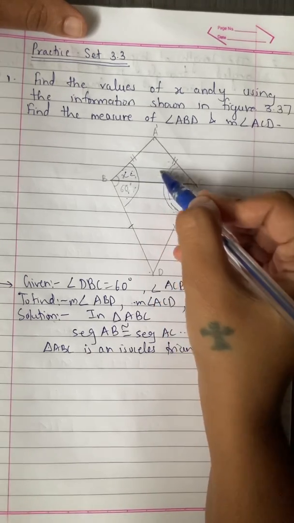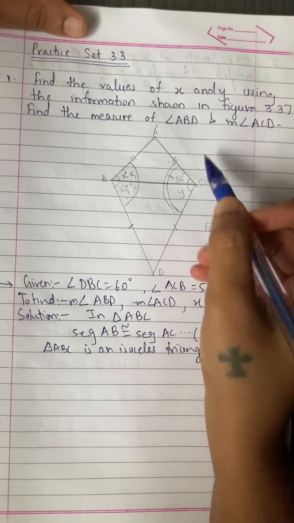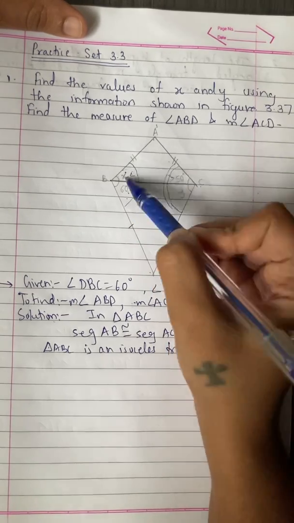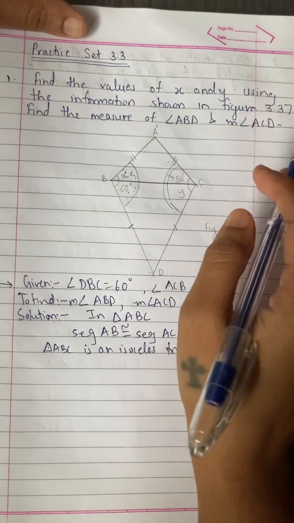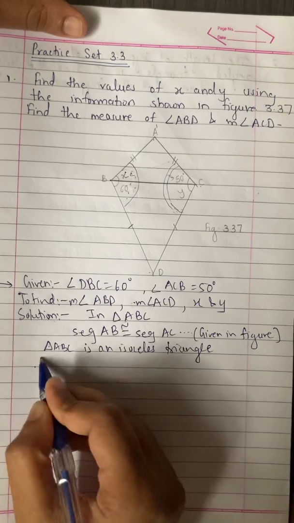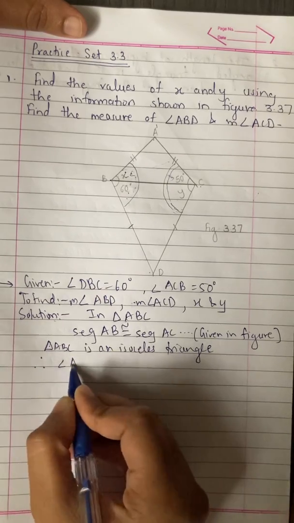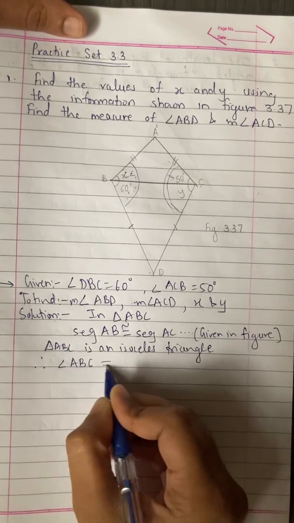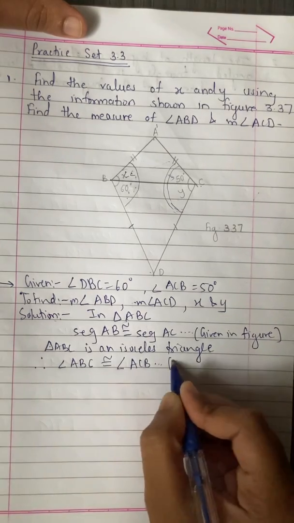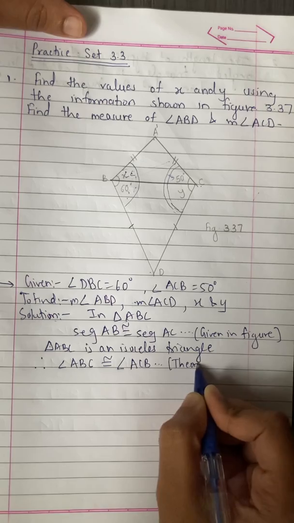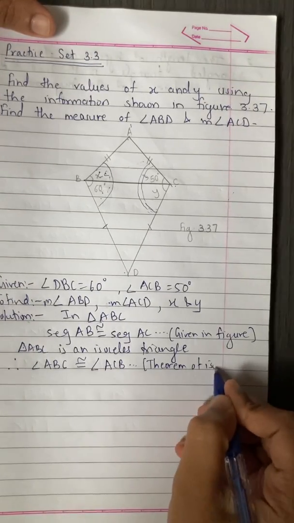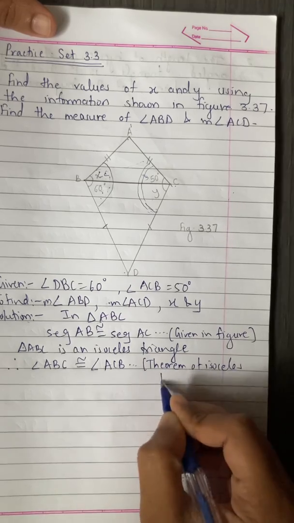And which angle is opposite to side AB? It is 50. So when AB is congruent to AC, these two angles also become congruent, or equal. Congruent means equal. So therefore angle ABC is congruent to angle ACB. Write down the reason, theorem of isosceles triangle.